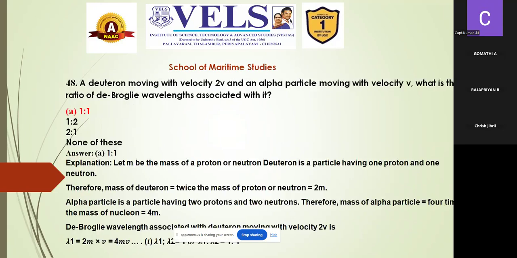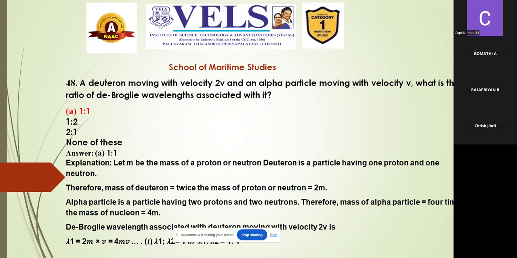Next question. A deuteron moving with velocity 2v and an alpha particle moving with velocity v. What is the ratio of de Broglie wavelength associated with them? Let m be the mass of a proton or neutron. Deuteron is a particle having one proton and one neutron. Therefore, mass of deuteron is equal to twice the mass of a proton or neutron, 2m.